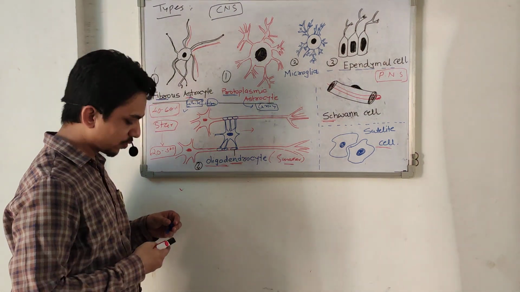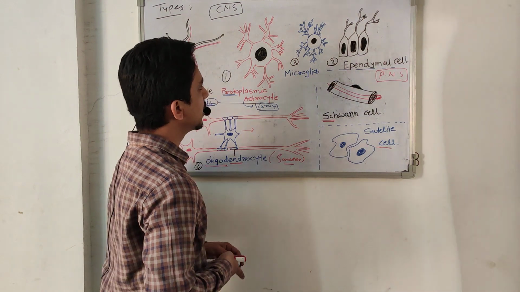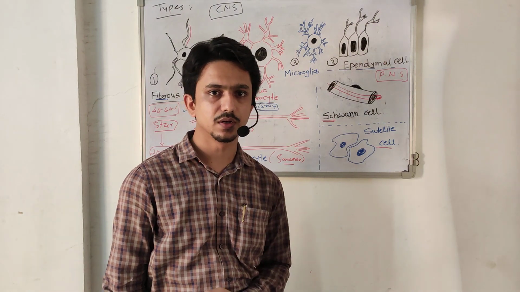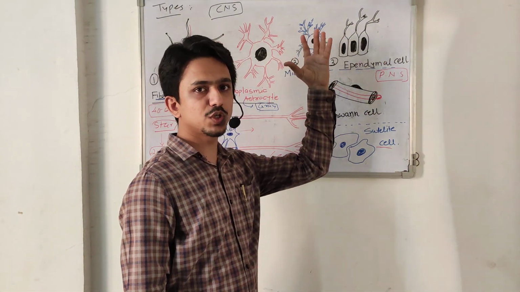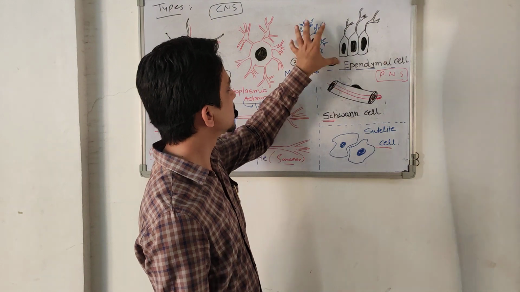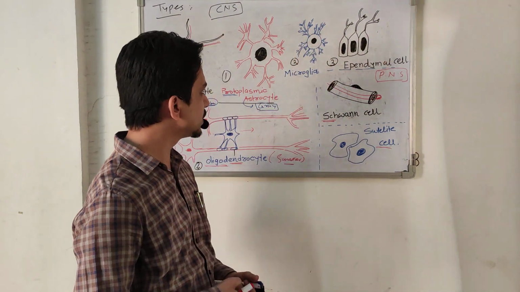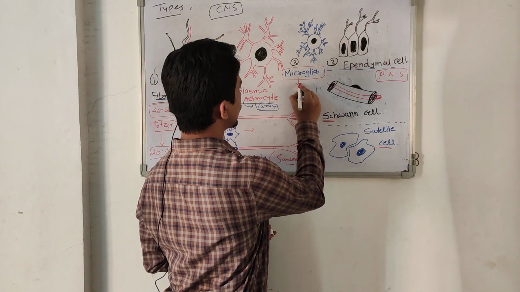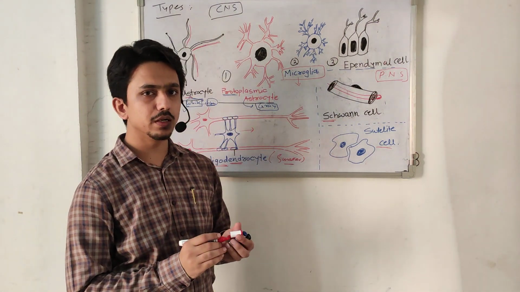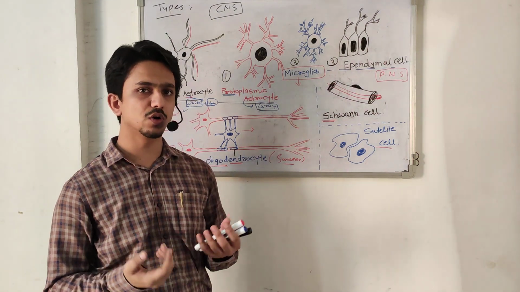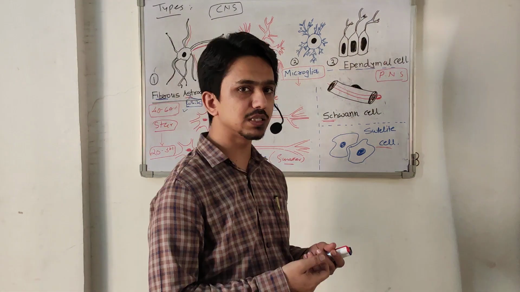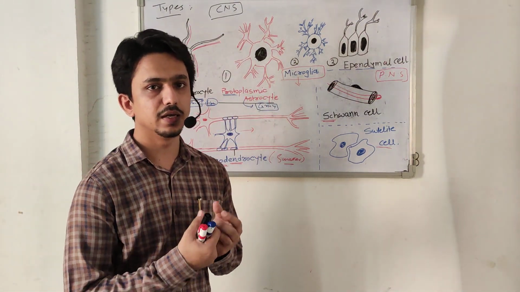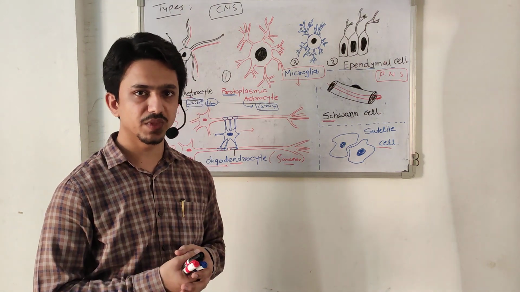Then microglia. Microglia are very small, with some branching, but it's a very sharp branching. They are small, very sharp, spine-like projections from a cell body. Microglia do not originate from the CNS. Microglia are a derivative of monocytes. We discussed the derivatives of monocytes in a previous lecture, that monocytes are responsible for your immune response.